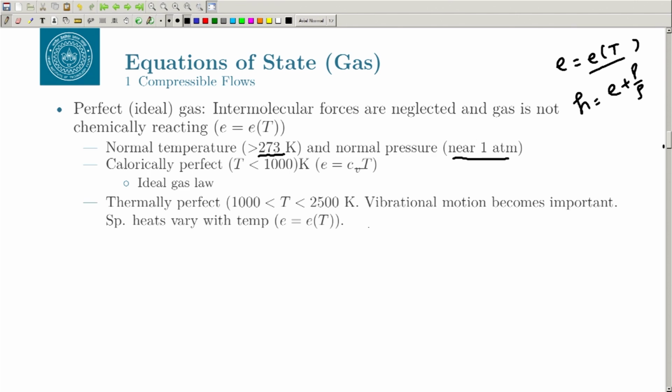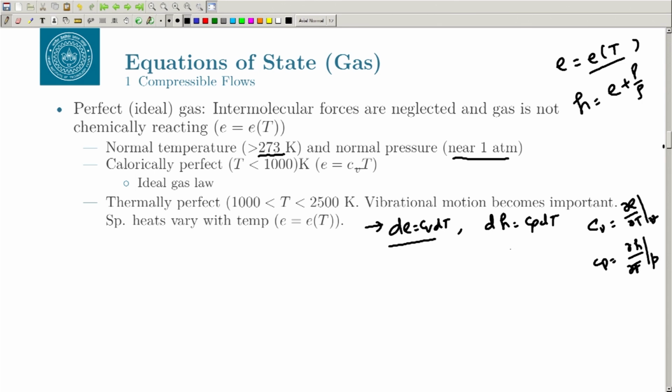In this particular case we can write dE equal to Cv dT, and dH equal to Cp dT, where you have read that Cv is the specific heat at constant volume, that is dE by dT at constant volume, and Cp is equal to dH by dT at constant pressure.